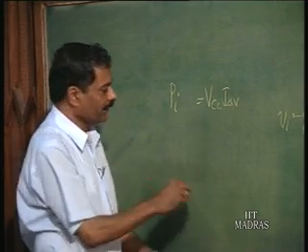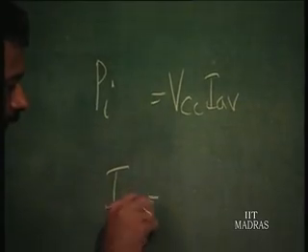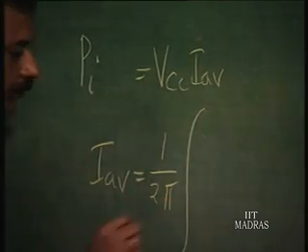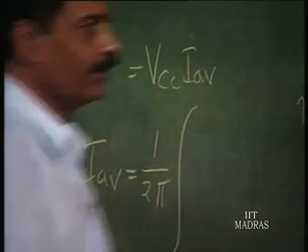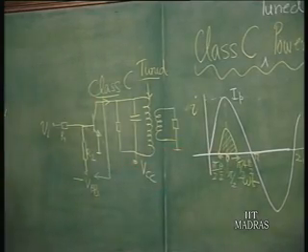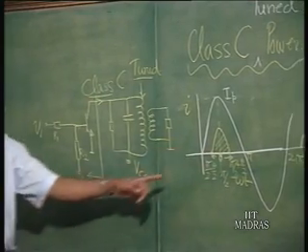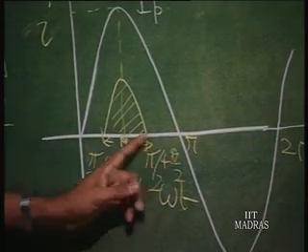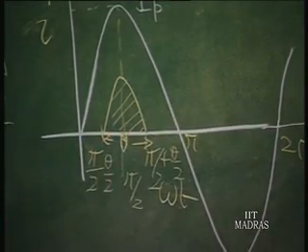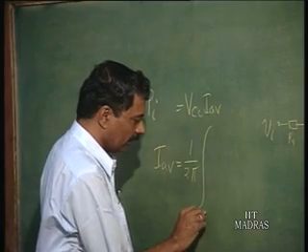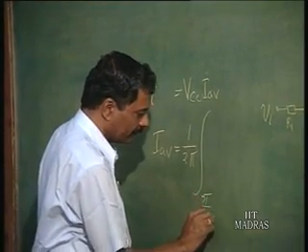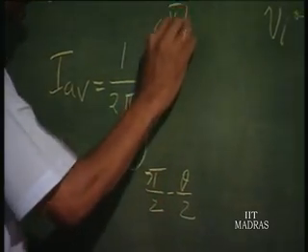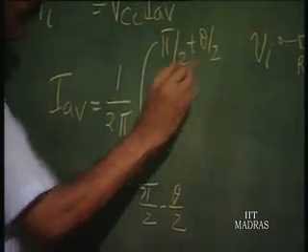How to find out I average? I average is nothing but 1 over 2 pi of this waveform, whatever waveform. This waveform exists only from pi by 2 minus theta by 2 to pi by 2 plus theta by 2. Rest of the point it is 0. So, we can integrate from pi by 2 minus theta by 2 to pi by 2 plus theta by 2.